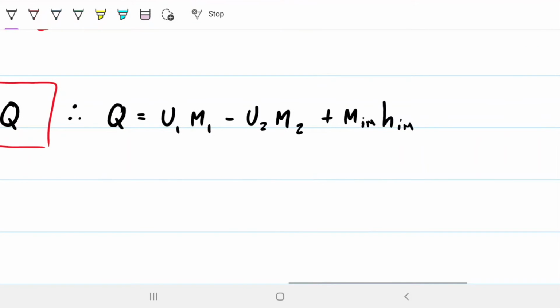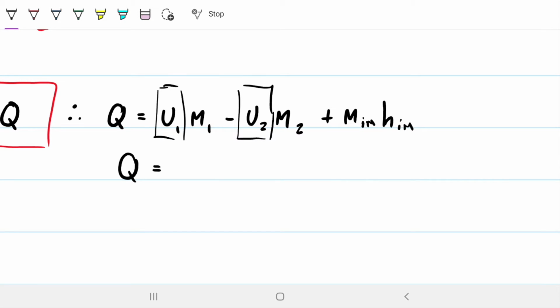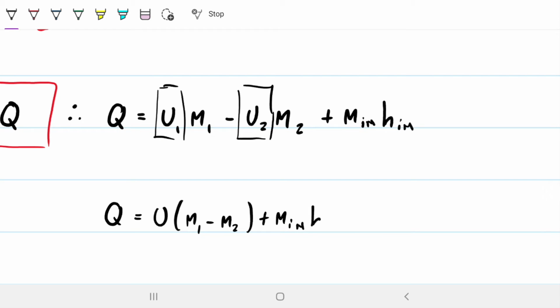Now, u1 will be equal to u2 because of the temperatures. We talked about how temperatures are going to be the same, so therefore they're the same thing. So in reality, I can rewrite this as u times m1 minus m2 plus mass in times h in.